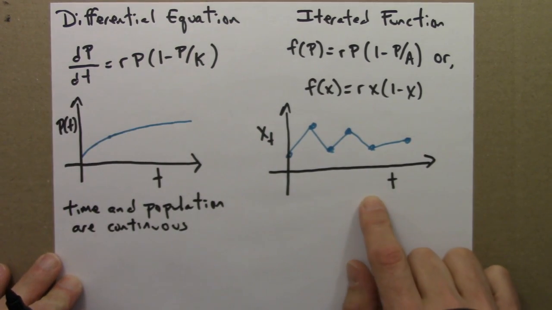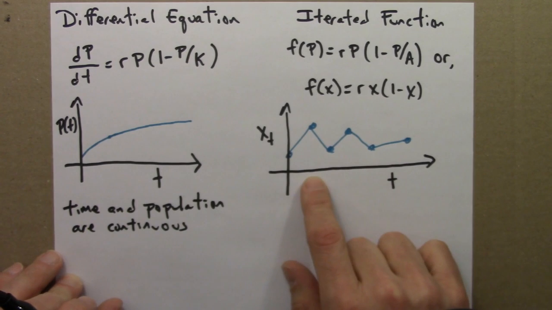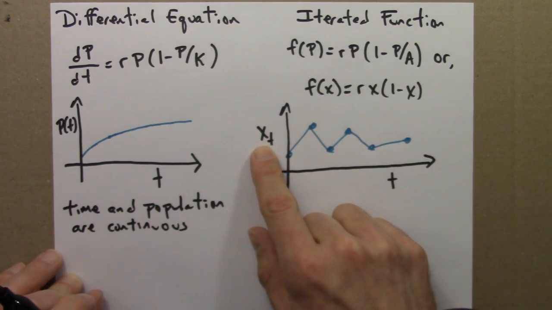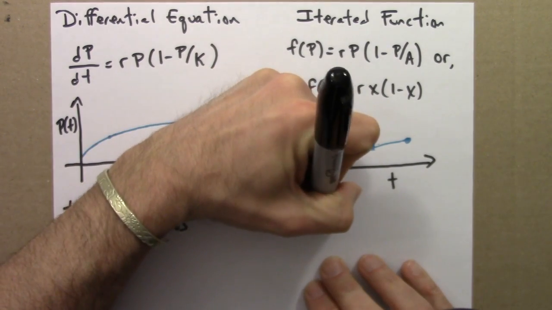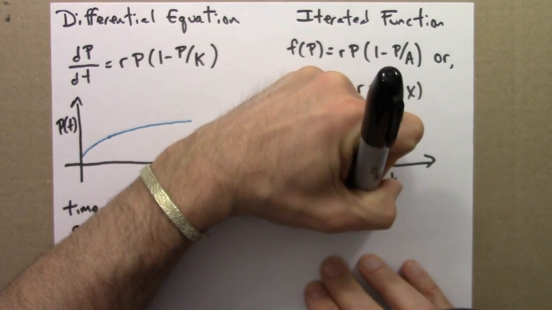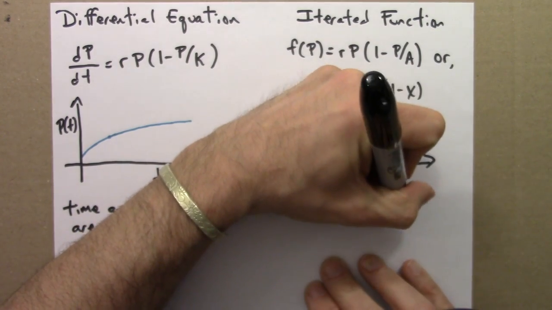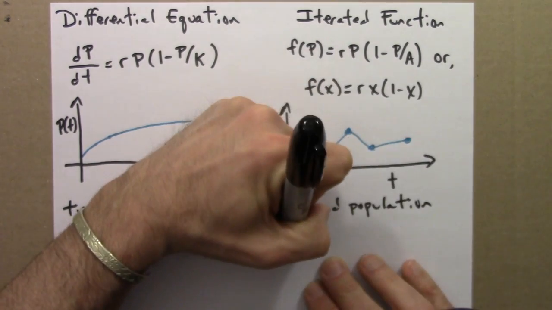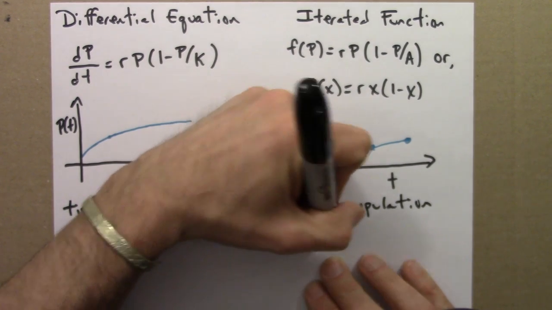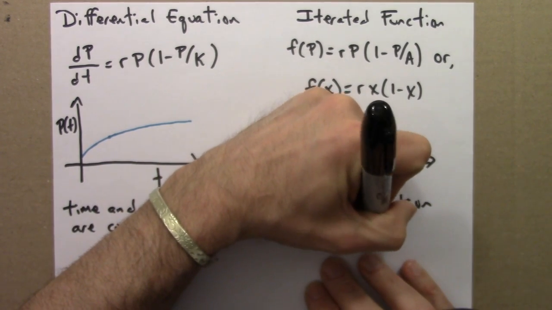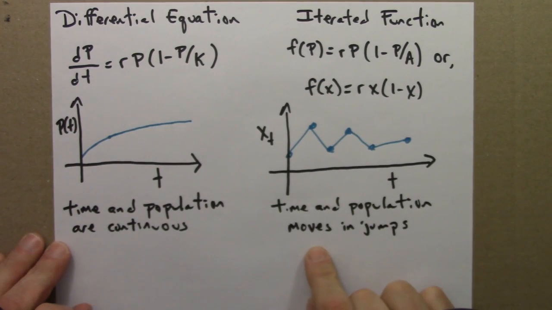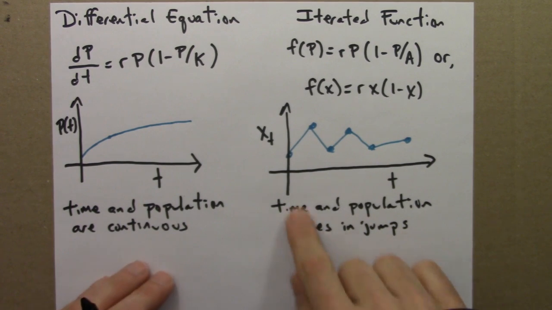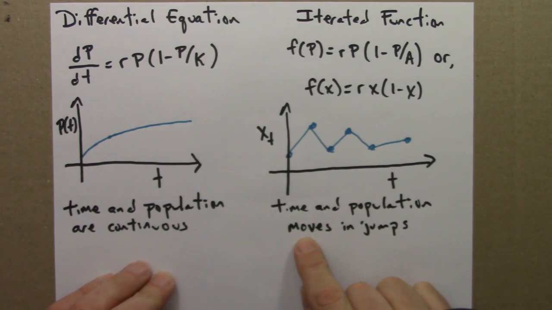But for the logistic equation and all iterated functions, time and the population, or whatever we're measuring, move in jumps. So again, for an iterated function, time and population move in jumps.